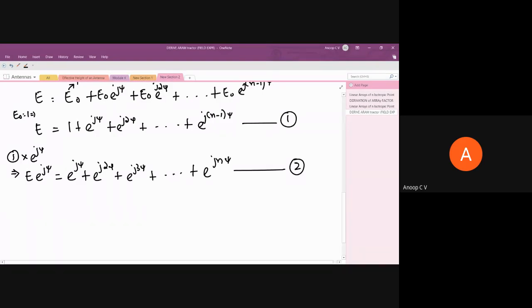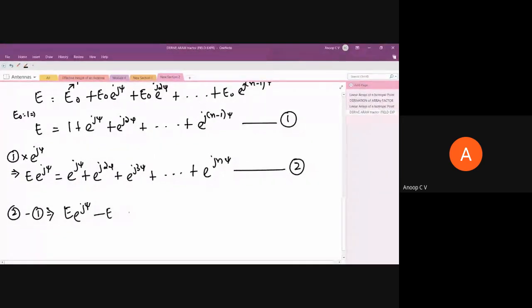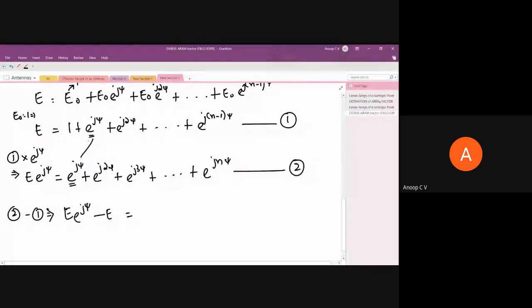Now, what I am going to do is subtract 1 from 2. What I'll get? E power j psi minus E will be equal to, but what will happen to the right hand side? You see, there is an e power j psi here, e power j psi here, it will get cancelled. E power j 2 psi, e power j 2 psi will get cancelled.